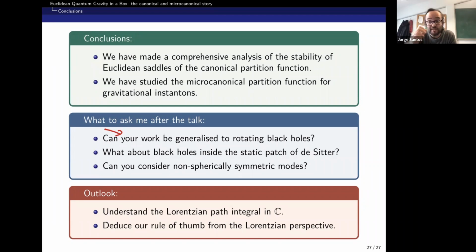And the technology for deducing what boundary condition you should use in this case is exactly what is used for the microcanonical ensemble. And that for me really convinces me that we're doing the right thing, that this rule of thumb is not just by chance, because we do this for Kerr, black rings, you name it, and it always works.